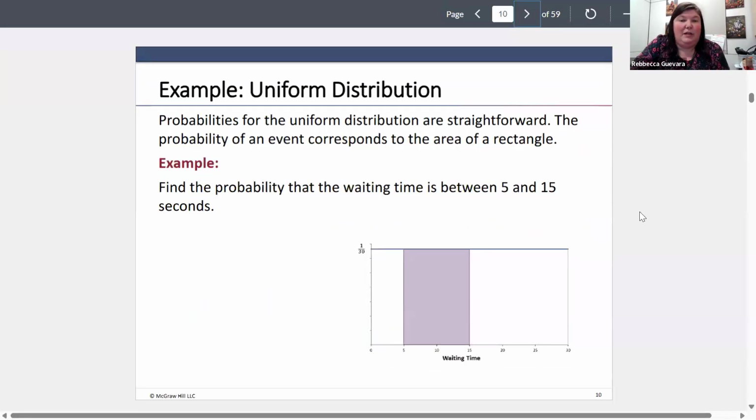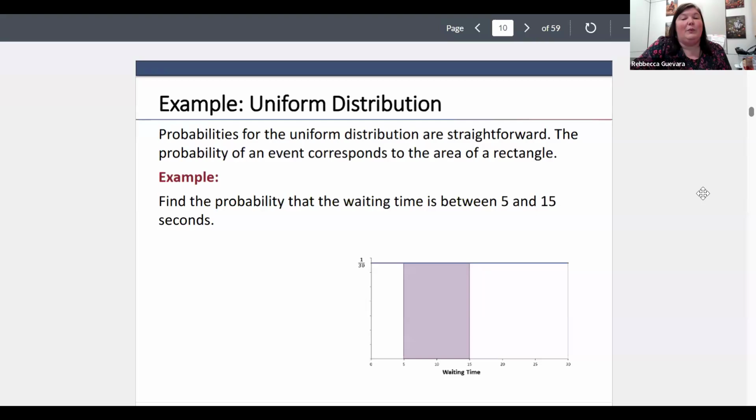Another example. Okay, wait, sorry, we just did this one. Okay, no, we didn't, because I did 10 to 15. So this is 5 to 15. We want to figure out the probability of the wait time if we had to wait between 5 and 15 seconds. My X value, my random variable, is between 5 and 15.